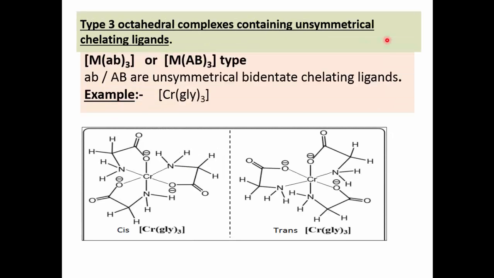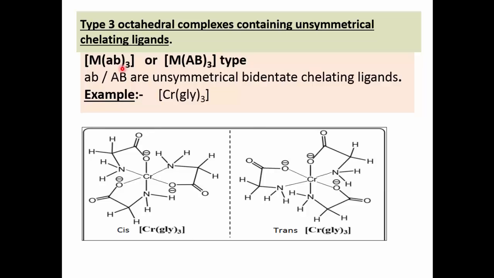Then see next type, third type, octahedral complexes containing unsymmetrical chelating ligands. Formula is MAB3. This AB indicates that the two donor atoms are different. Unsymmetrical, that means the donor atoms are not same.